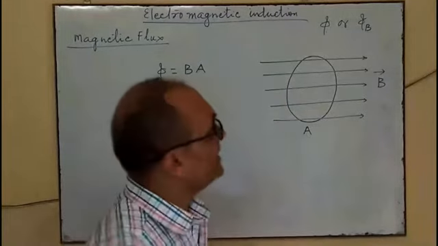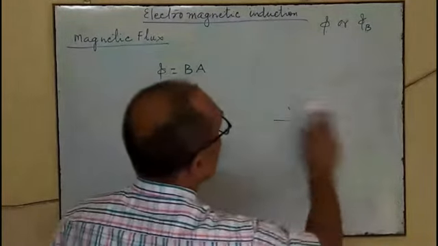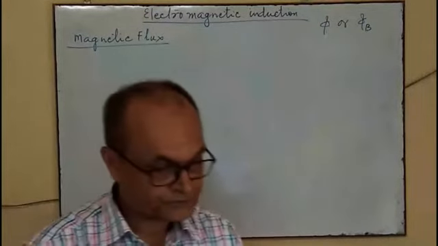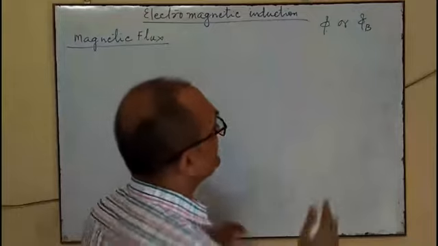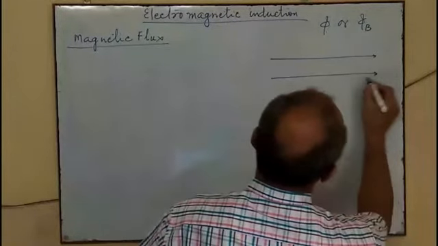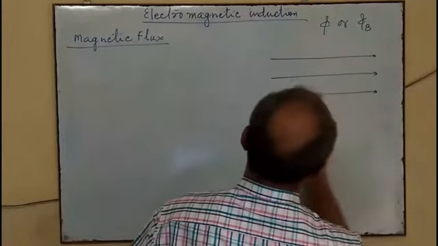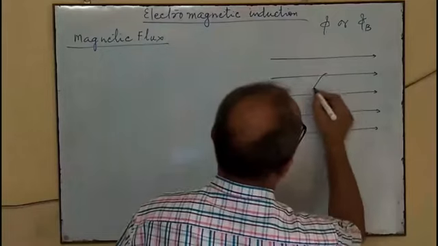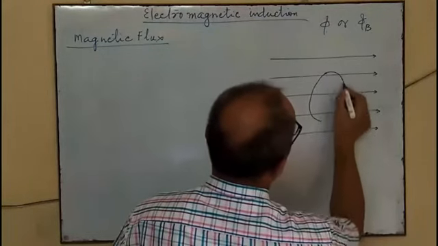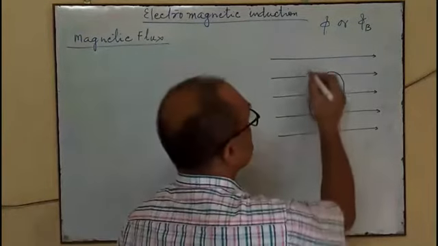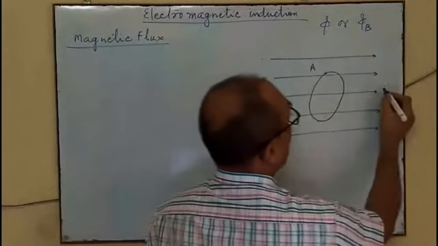So here we will see the uniform magnetic field lines, and this is area A, magnetic field lines B.